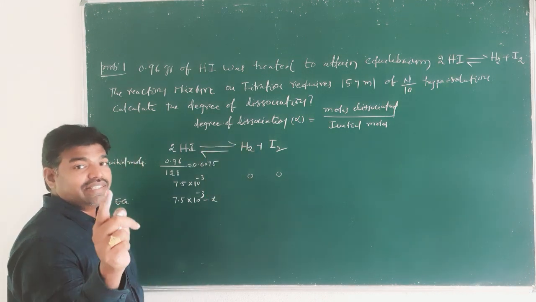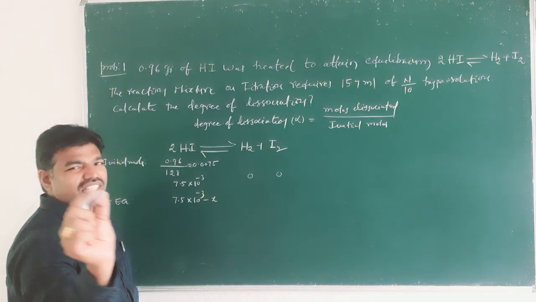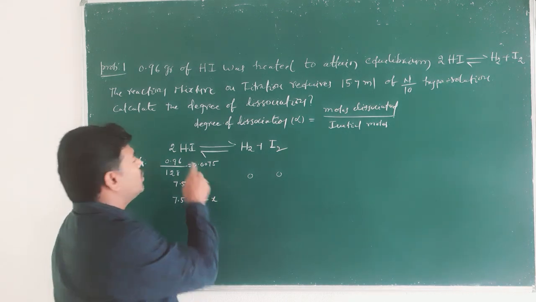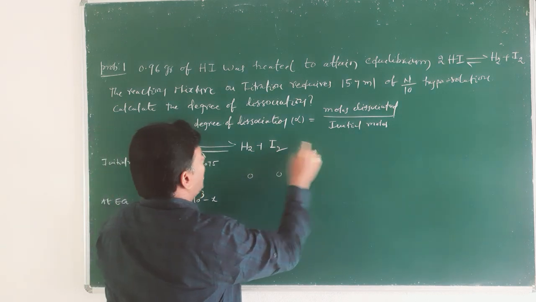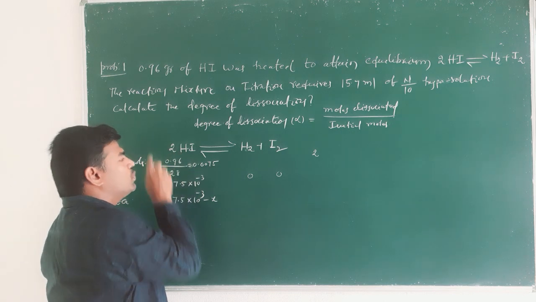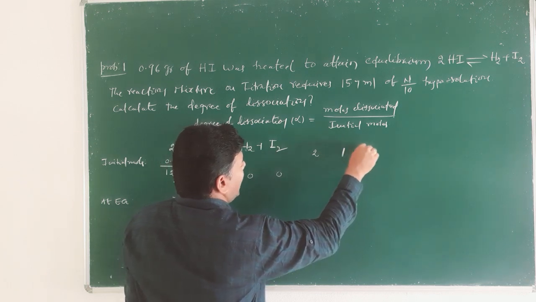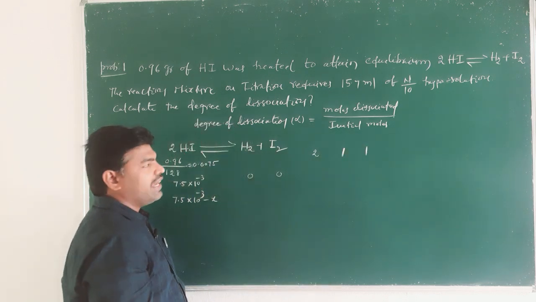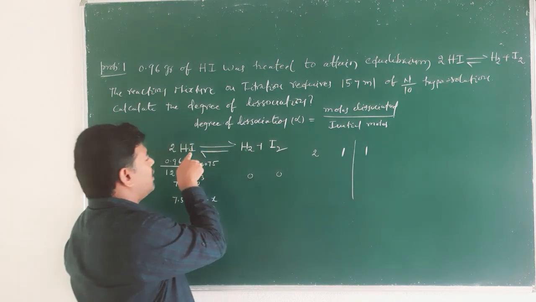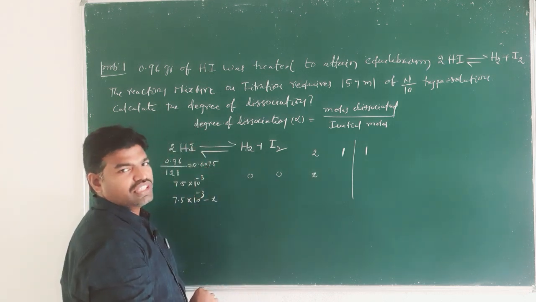There is a simple technique for calculating the number of moles of H2 and I2. Take the stoichiometric equation: the stoichiometric coefficient of HI is 2, H2 is 1, and I2 is 1. For 2 moles of HI, x moles dissociated.